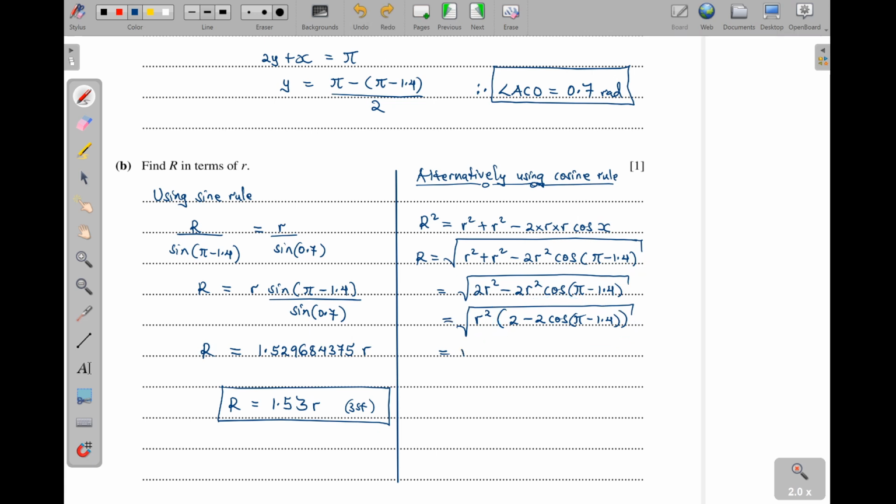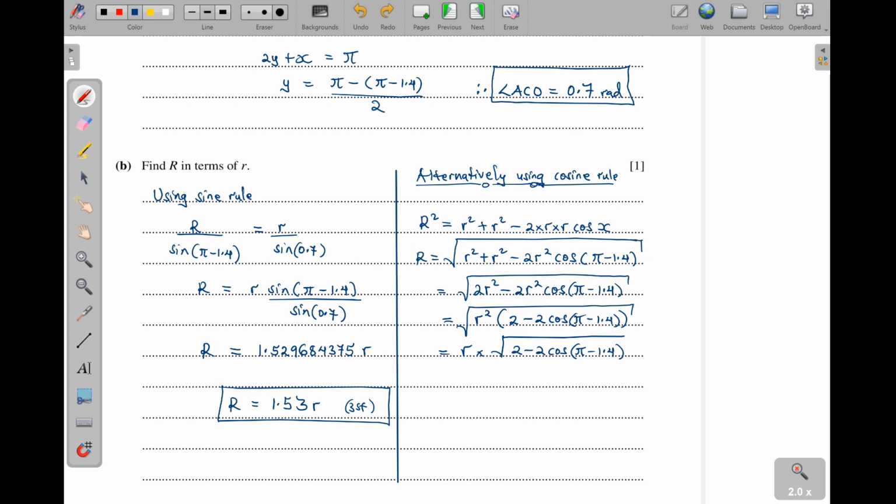So this one now will give us r times the square root of 2 minus 2 cosine of pi minus 1.4, because the square root of r squared gives you r. Now we want to find out, does this give us the value that we got here?